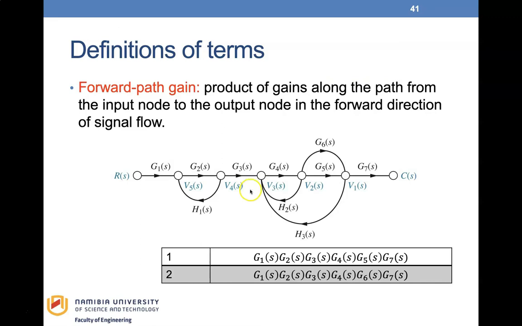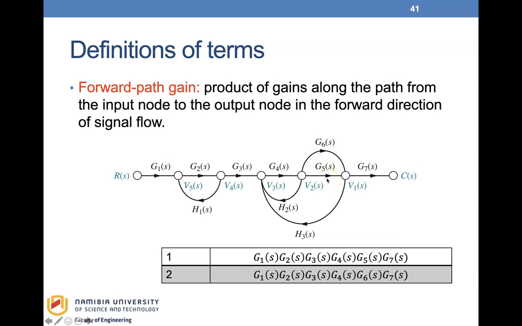These are G1(s)G2(s)G3(s)G4(s)G5(s)G7(s), and the second one is G1(s)G2(s)G3(s)G4(s)G6(s)G7(s).